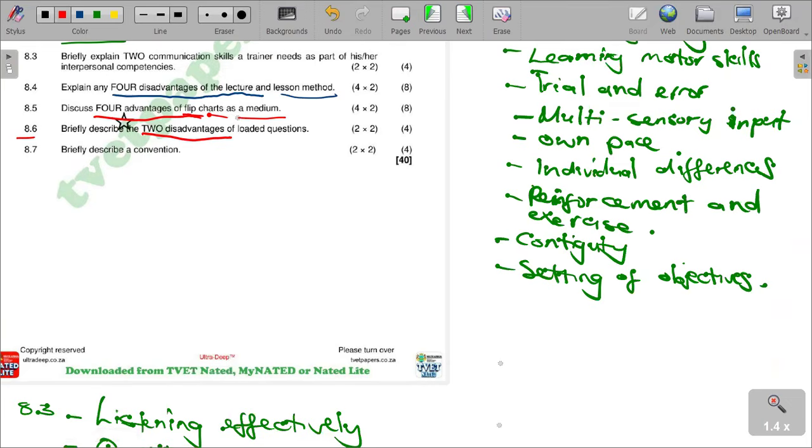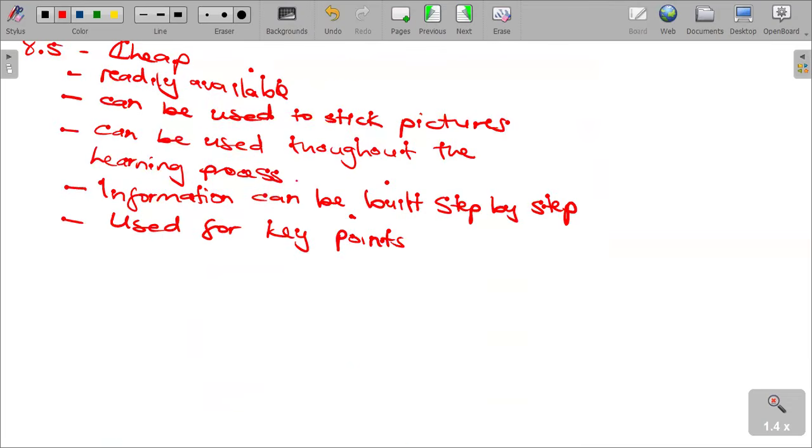We are going to give disadvantages of loaded questions. One, loaded questions can put the trainee on the defensive.